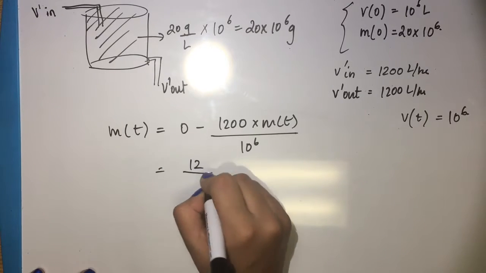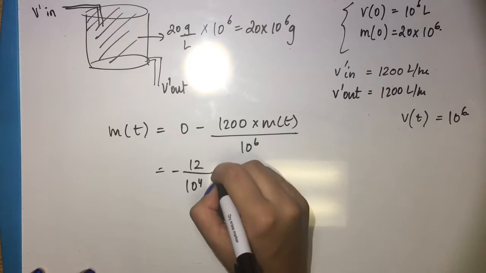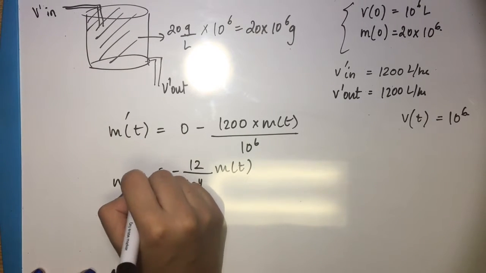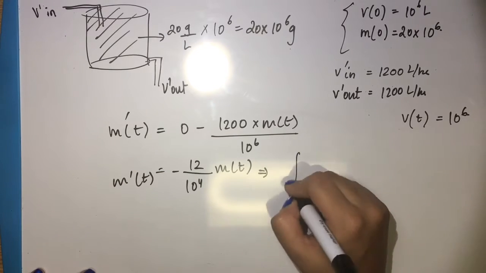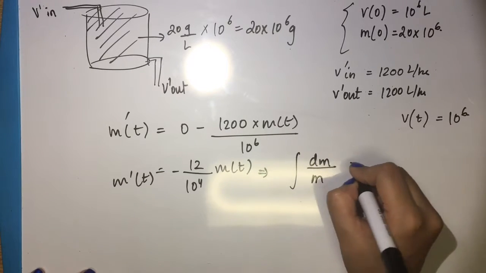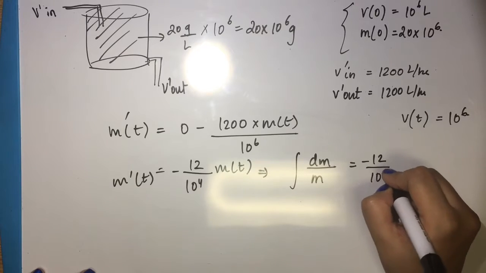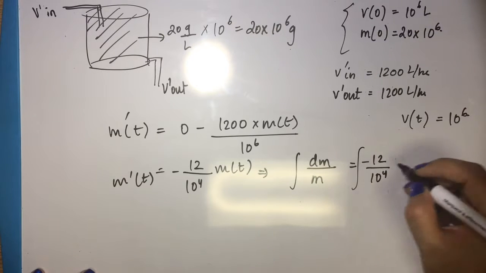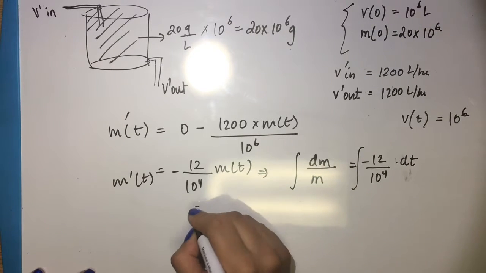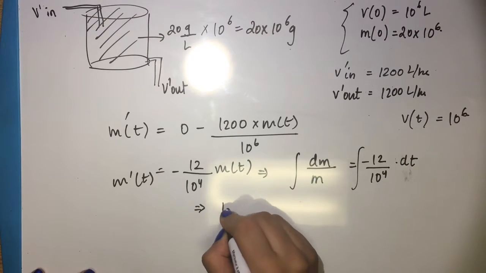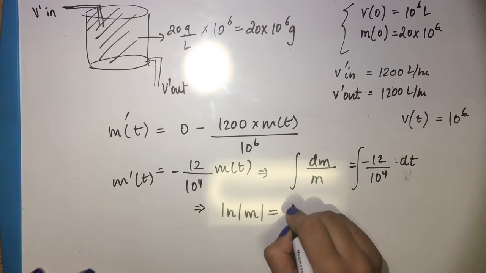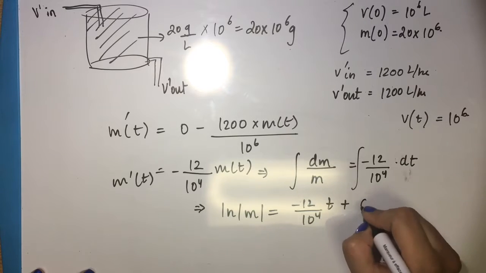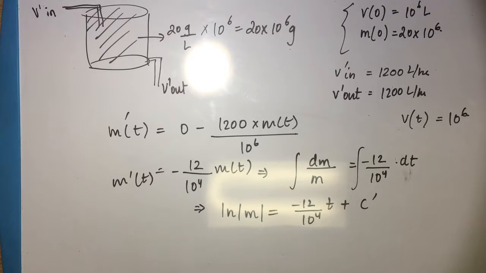And so we get a simple separable first order differential equation that we can now integrate, and so we get ln of M is equal to minus 12 over 10^4 t plus some arbitrary constant c dash.